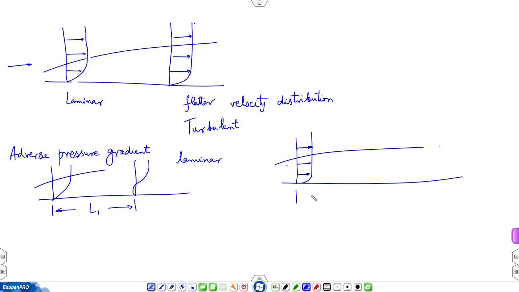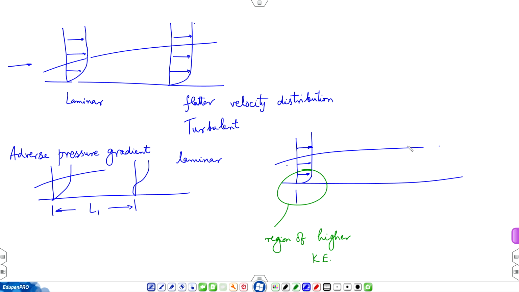Velocities here are smaller than the velocities in a turbulent boundary layer, even though you have no slip condition at the wall. So, you can think of this region. It is a region of higher kinetic energy.